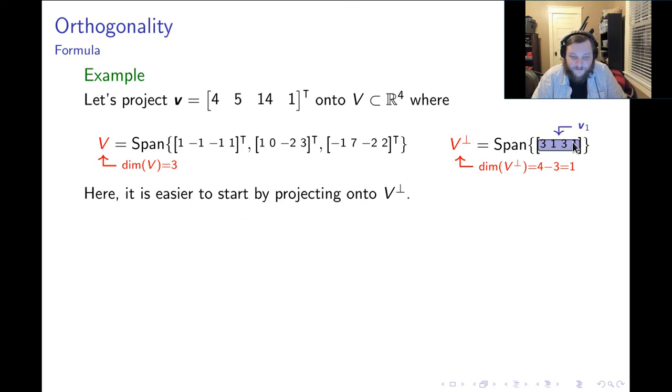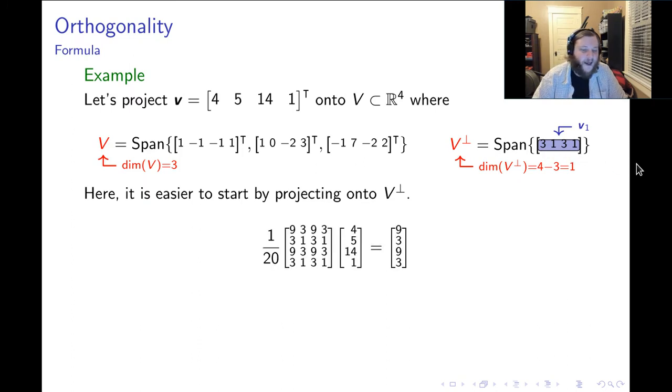So the v1 I'll use in the projection formula is my single basis vector for the orthogonal complement here, (3, 1, 3, 1). And my projection matrix ends up being 1 over 20, so that's the length of (3, 1, 3, 1) squared, multiplied by this 4 by 4 matrix.